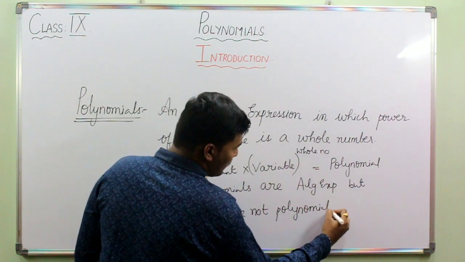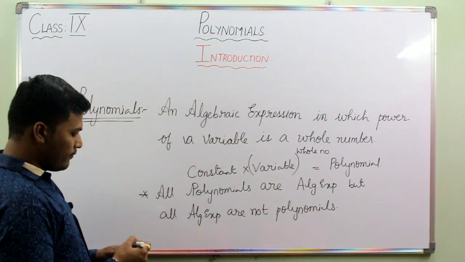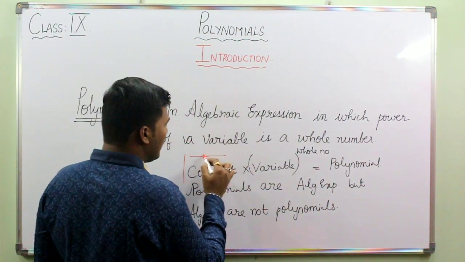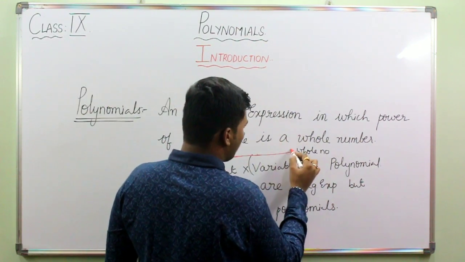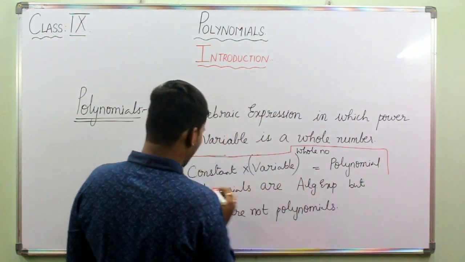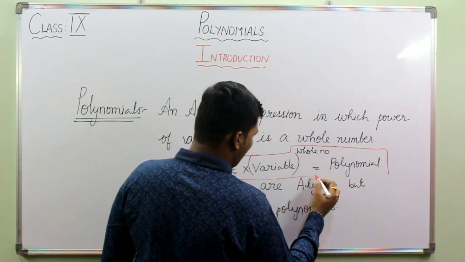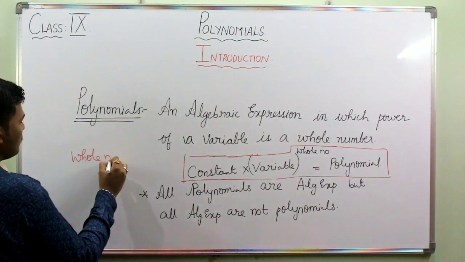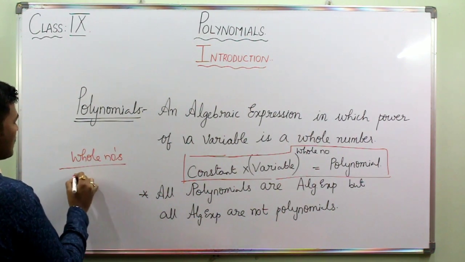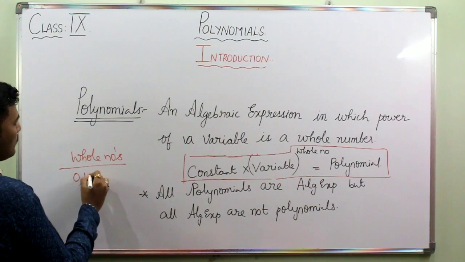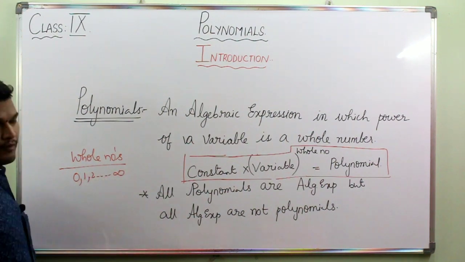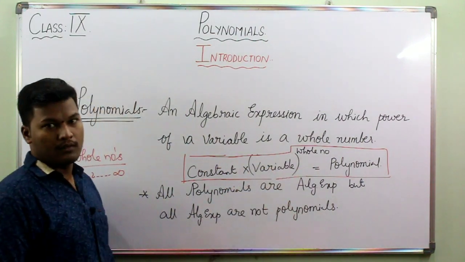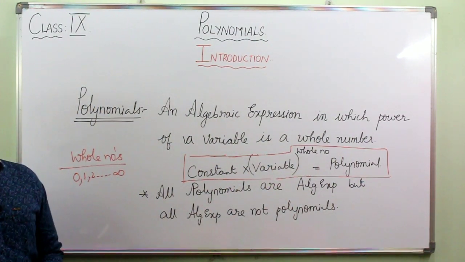So the very important thing is we should have a constant and a variable whose power is a whole number. We know what whole numbers are: whole numbers are the numbers starting from 0, 1, 2, 3, and so on to infinity. So the power of this variable should be a whole number. Hence they are called polynomials.